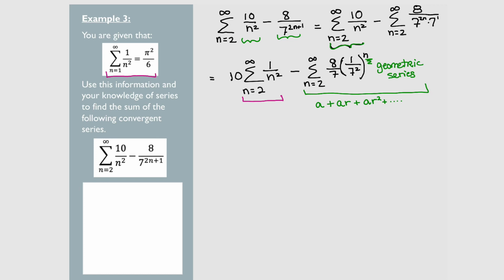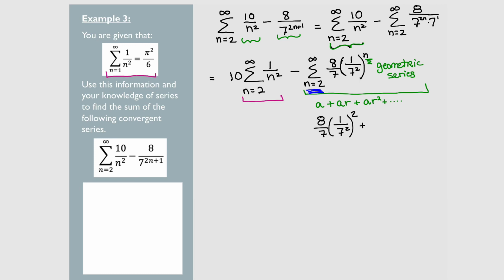Now, granted, you have to remember we're starting, don't lose what you're starting at. You're starting at n equals 2. So that means the first term in my geometric series is going to be 8/7 times 1 over 7 squared to the second power. Whew, that's a big number, but okay, that's my first term.